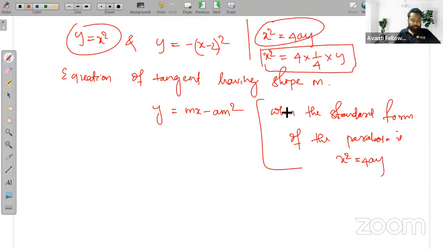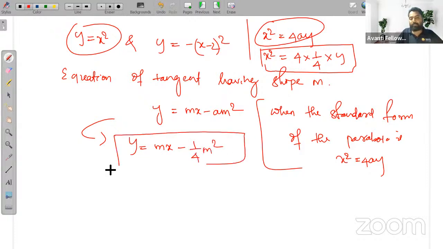So here a is given as 1 by 4. So what will the equation of tangent be? Then the equation of tangent will be y is equal to mx minus 1 by 4 m square. One equation is this, and also it is given that it is a common tangent to both the parabola.